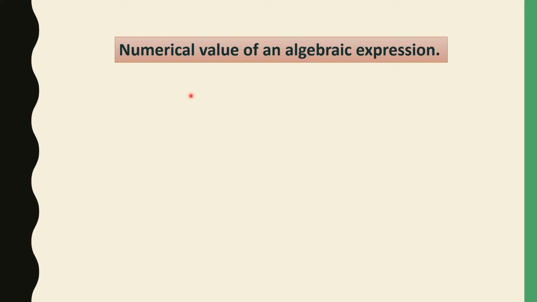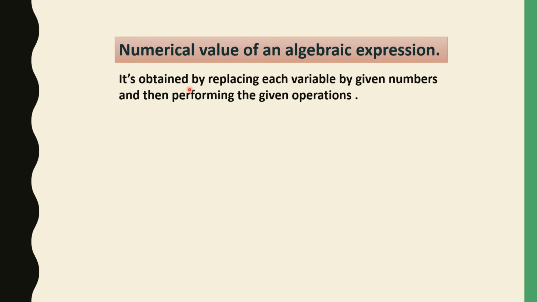Now let's continue with the final part of our video, numerical value of an algebraic expression. It's obtained by replacing each variable by given numbers and then performing the given operations.